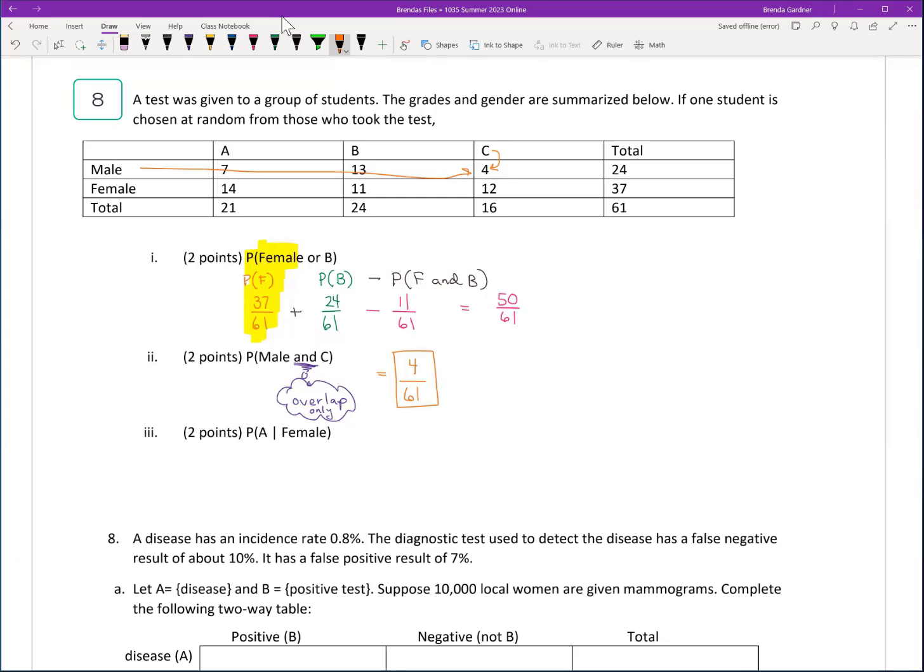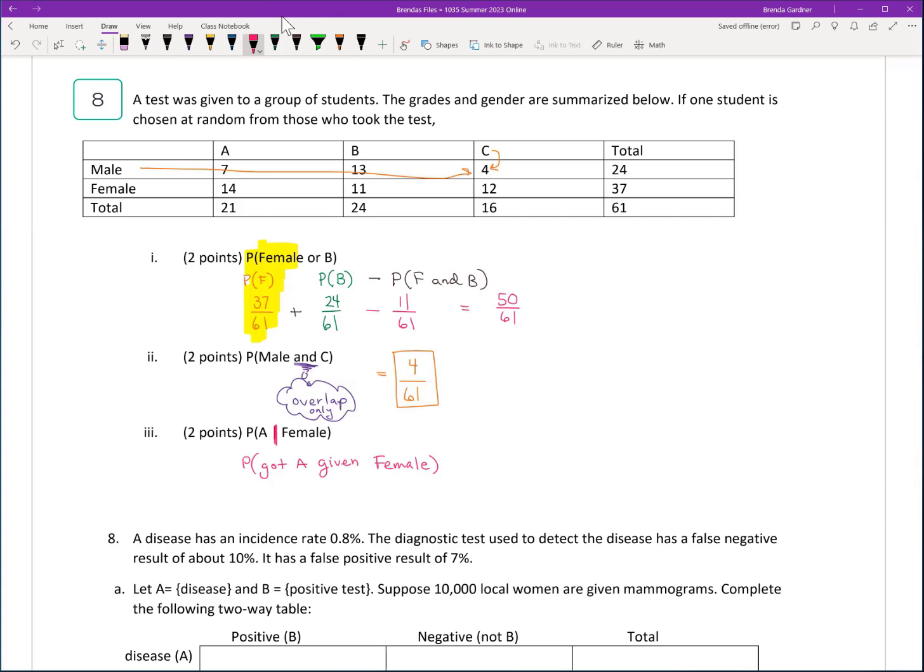Part 3, what's the probability of A given that the student is female? So we have to understand, first of all, how to read this. What's the probability basically that they received an A given, that straight line means given, that they were female. I like to think about this straight line as basically a numerator and a denominator.